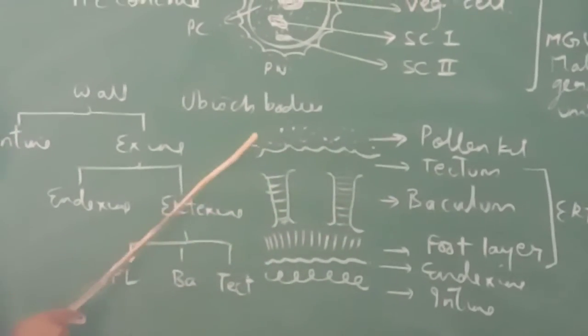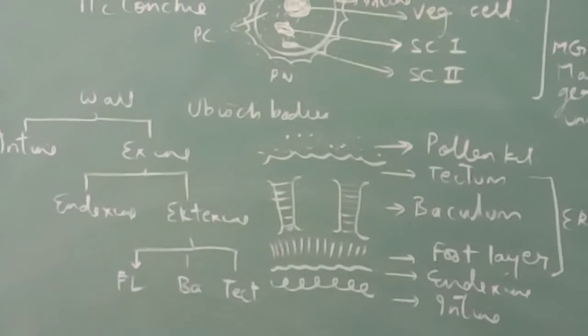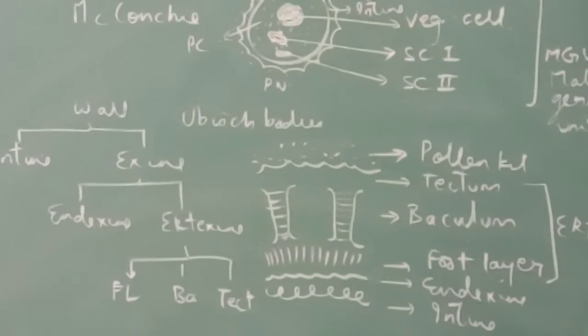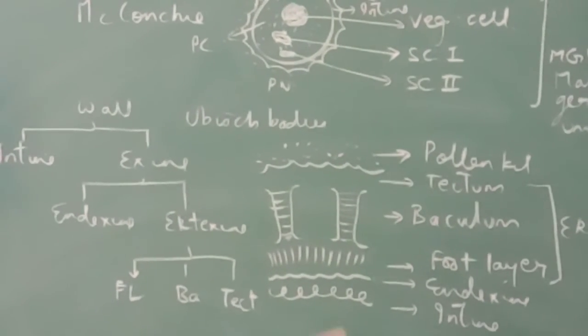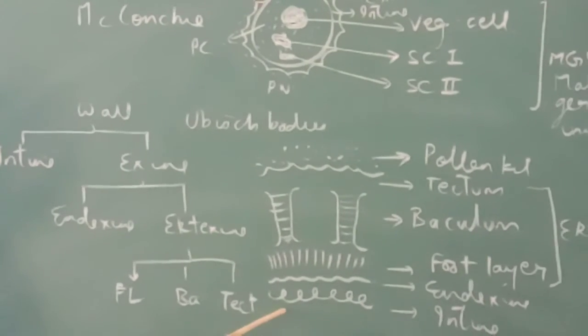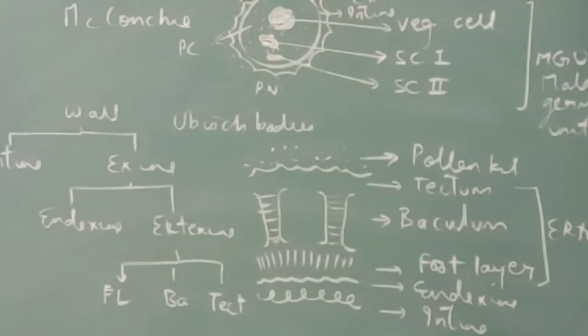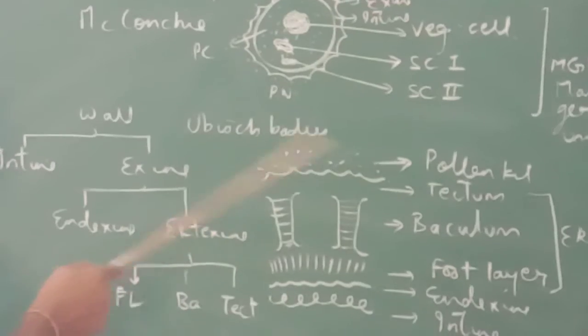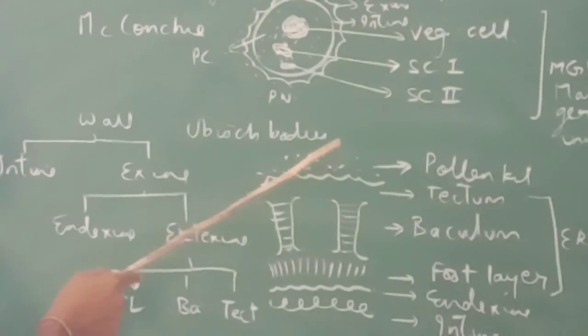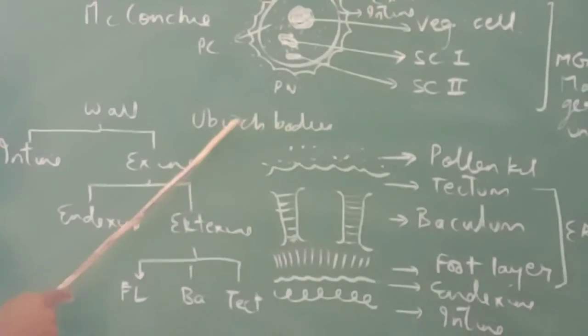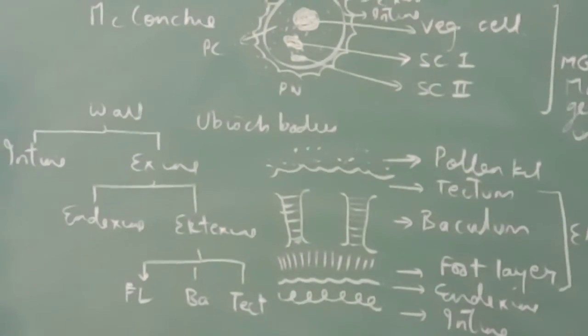The upper surface of the tectum is covered by pollen kit material. The intine is cellulosic in nature, while the exine is made up of sporopollenin. As I told you earlier, sporopollenin is a result of Ubisch bodies from the tapetum.